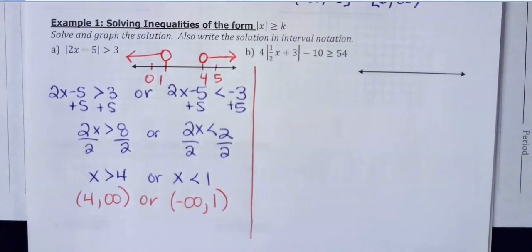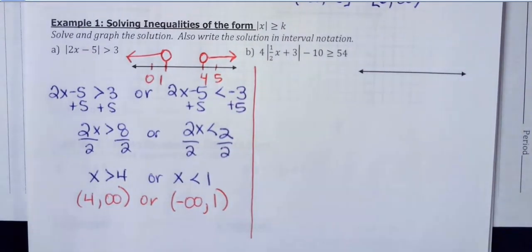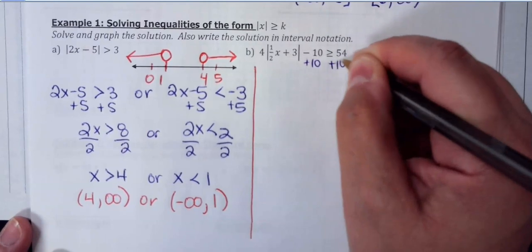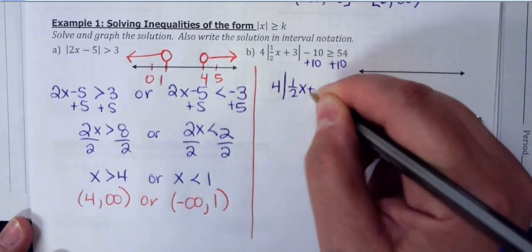Okay, so I've got this mess here. We've got 4 times absolute value, 1/2 x plus 3, then a minus 10 outside the absolute value, greater than or equal to 54. What would you do first here if you were trying to get that alone? Plus 10. Perfect. Try to get rid of any addition or subtraction first. Otherwise, you might have fractions you're dealing with, and that can be annoying.